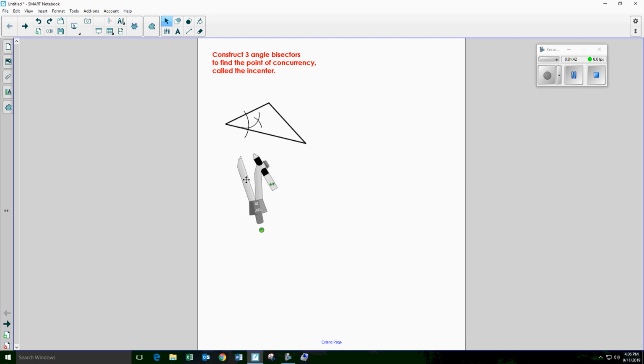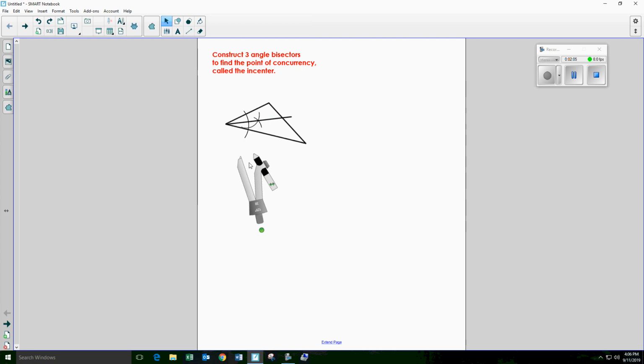Then I would take my straight edge and go from the vertex through that intersection point. I'm only going to go so far. If you want to go past it, that's fine as well. So there's one done.